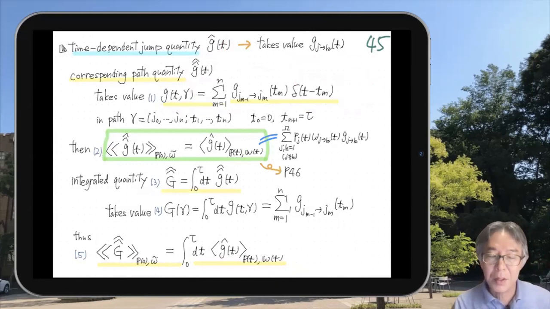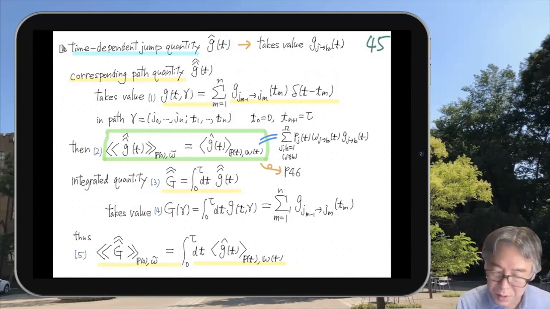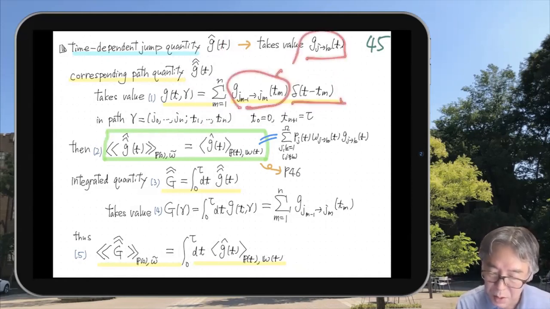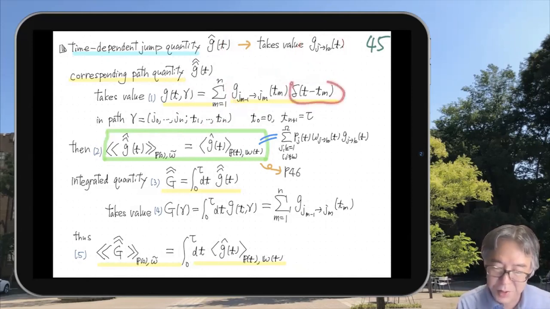But now we are taking care of a jump quantity, so we need to only count the incidence of jumps. Whenever a jump occurs, we can count it by using this delta function here, because jumps take place at t1, t2. So we sum over the value of the jump quantity times this delta function.